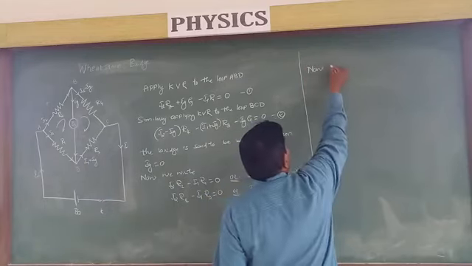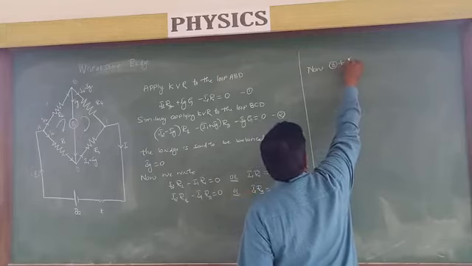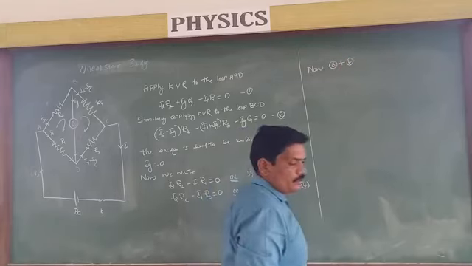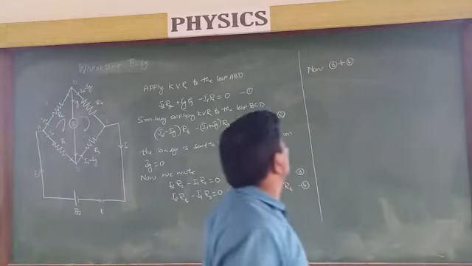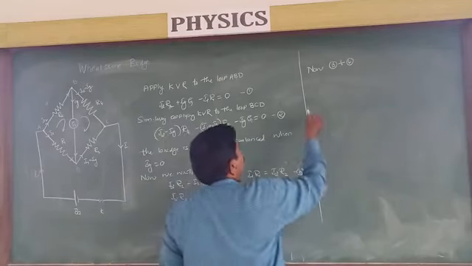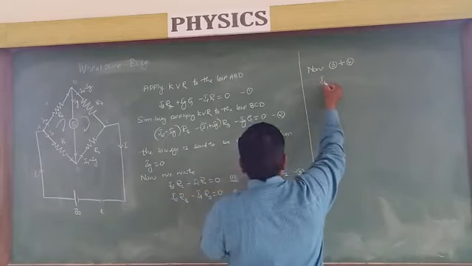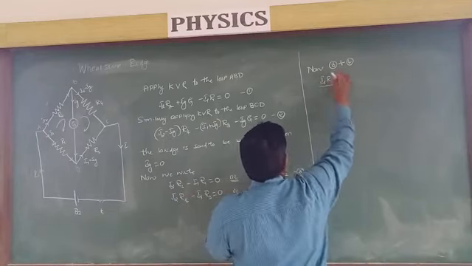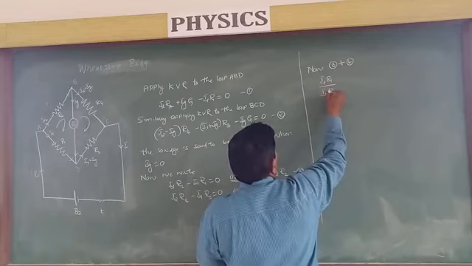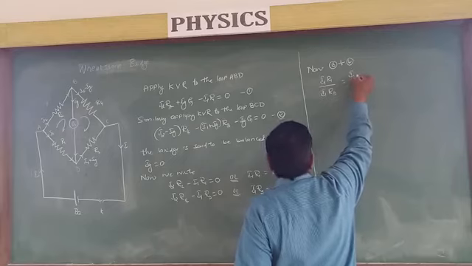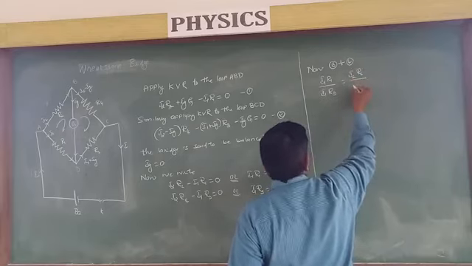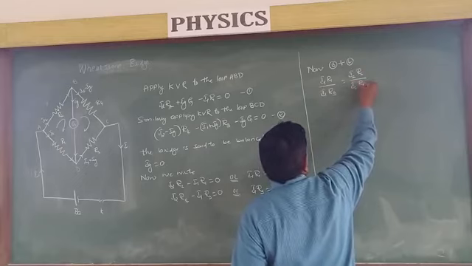Now you take the ratio of these two equations, equation 3 divided by equation 4. Okay, check the equations carefully. So equation number 3 I will write here, I1 into R1 divided by I1 into R3 equal to I2 into R2 divided by I2 into R4.